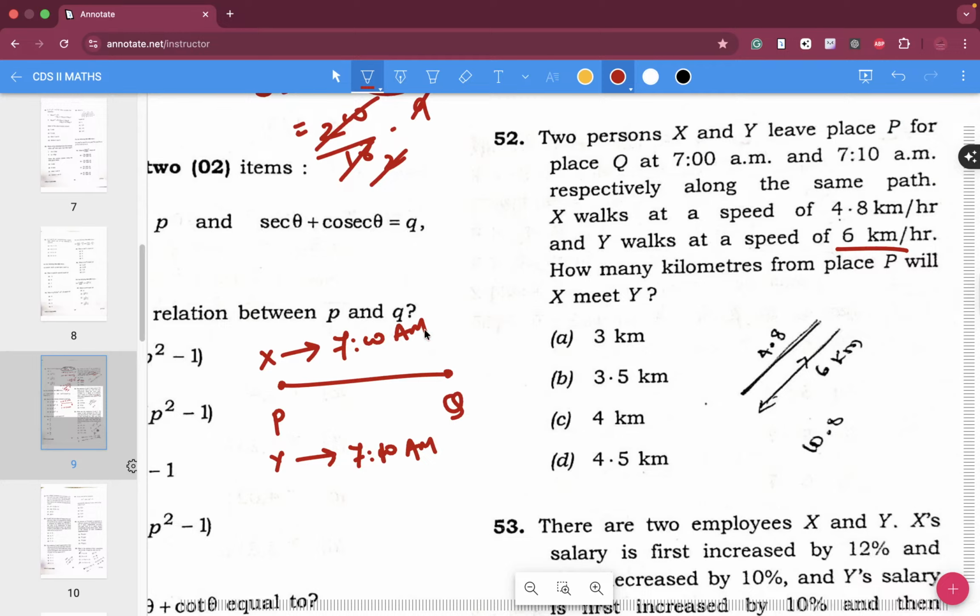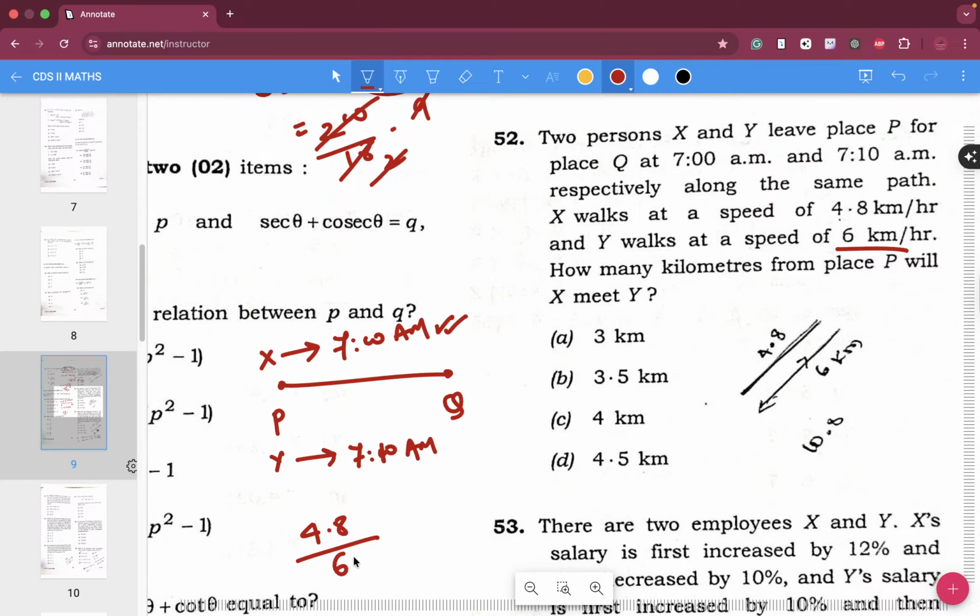Okay. Clearly, X has started walking first, right? And X has walked for 10 minutes more than Y. X walks at the speed of 4.8 kmph, 4.8 kilometers in 60 minutes. So in 10 minutes, how much will it travel?